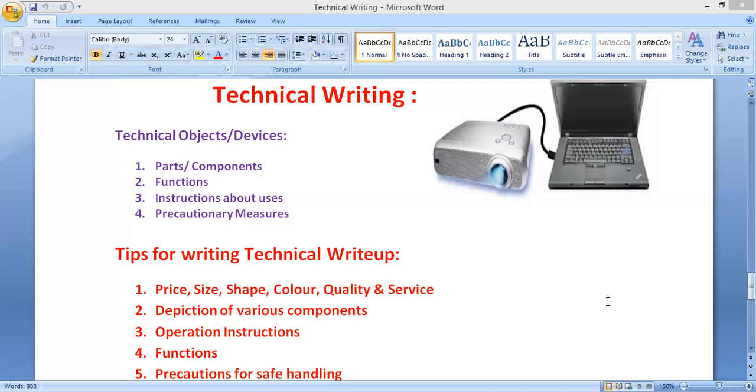This is technical writing. The Society for Technical Communication defines technical communication as any form of communication that exhibits one or more of the following characteristics. First one is communicating about technical or specialized topics such as computer applications, medical procedures, or environmental regulations.